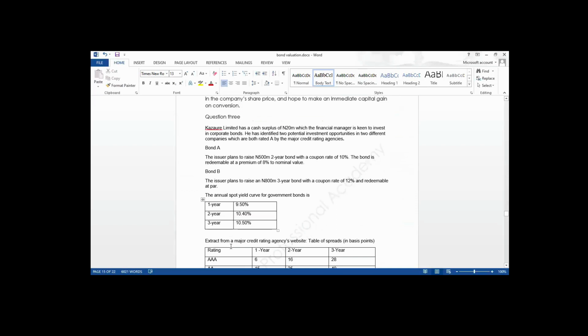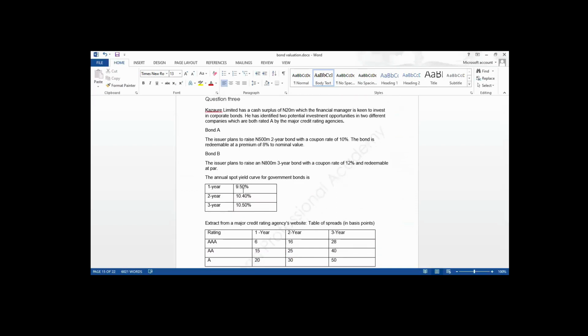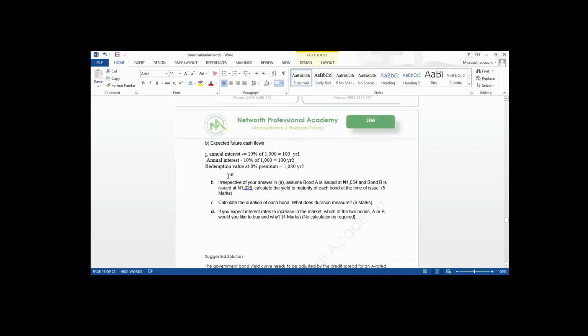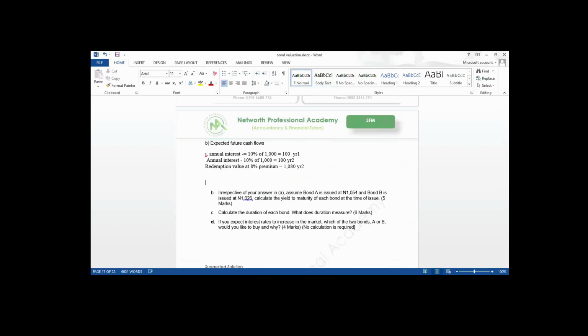What do you now do? You need to adjust these government rates. Open a schedule, let's open it. The next is corporate bond yield. I want to calculate corporate bond yield.